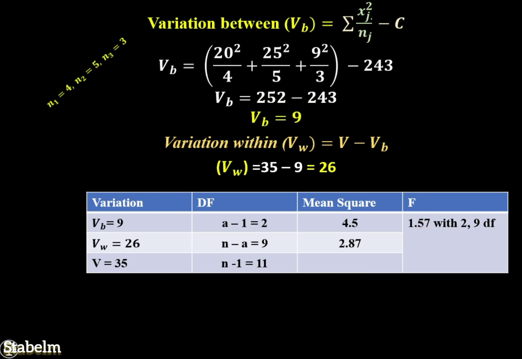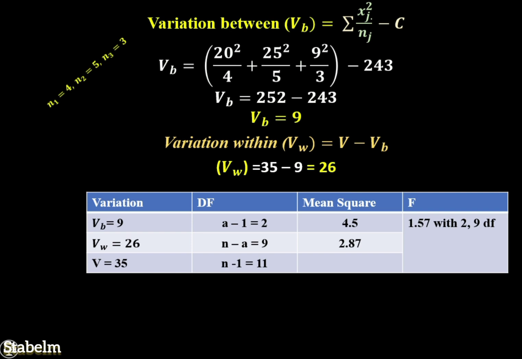So in taking decision and in making conclusion, we're going to use this F statistics here, F value here, compare with the F table, that is the F test from the distribution table. So whatever we're going to have, we're going to compare the two together. In checking for the table, we are checking for degree of freedom 2, 9. That is degree of freedom 2 and degree of freedom 9. That will give us the F statistic from the table.